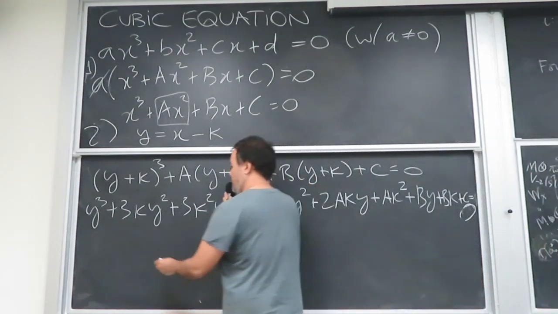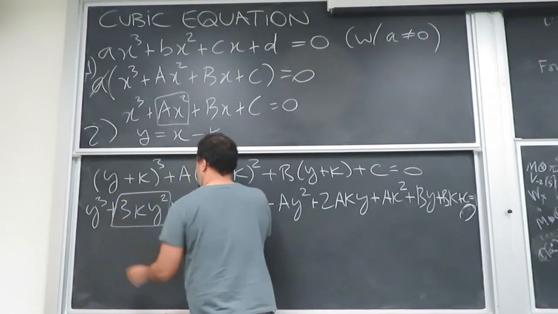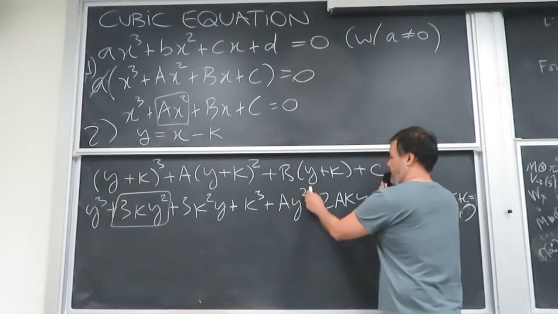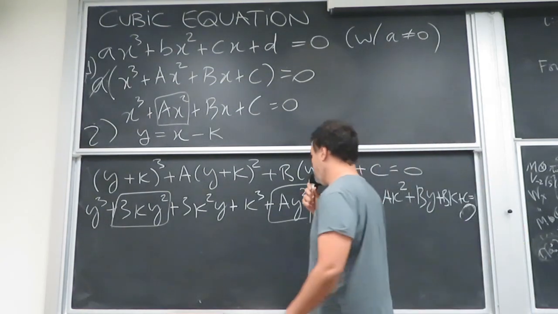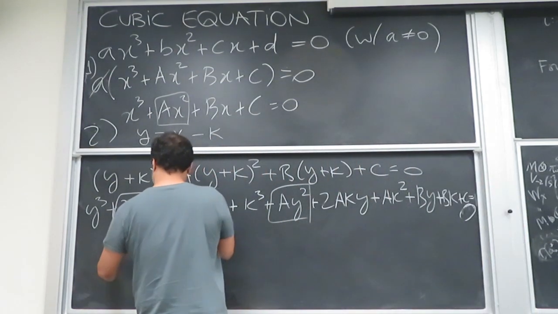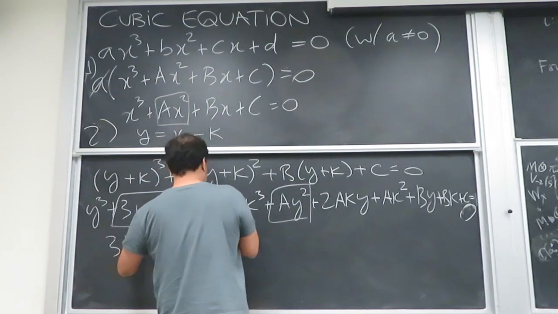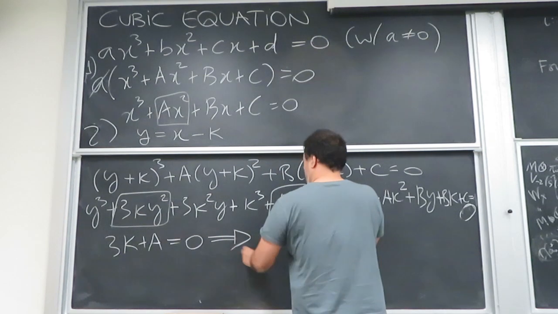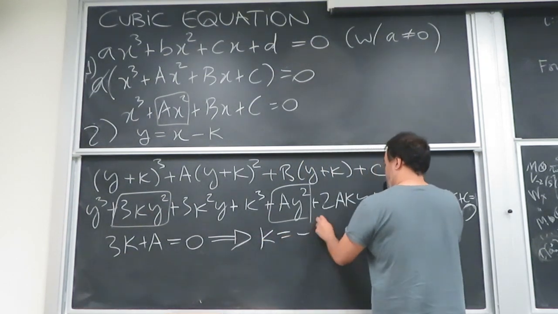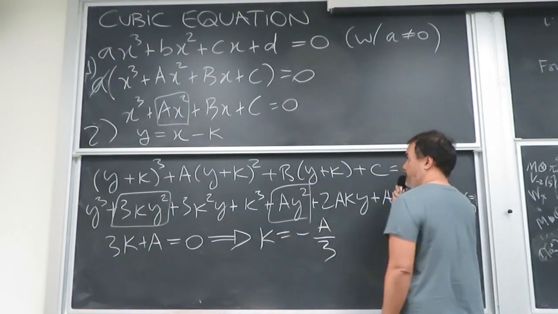The point is that we can arrange the coefficient of y squared to be 0, so 3k plus a has to be 0. This implies that we can choose k to be minus a over 3.